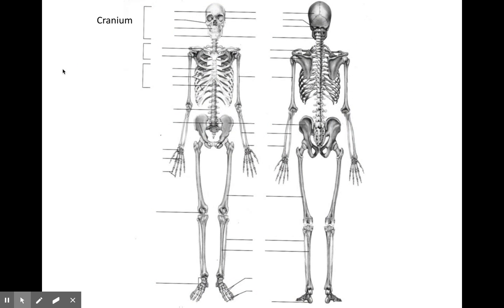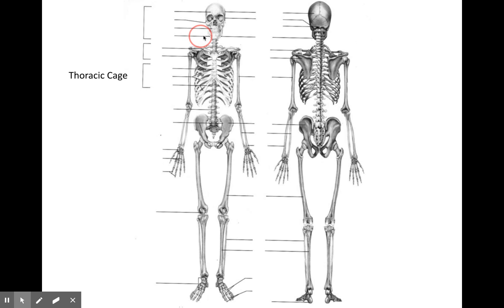These are going to be bones of the skeleton. The upper bracket is in relation to all the bones of the head. So this is considered the cranium. Then we have a shoulder girdle and a thoracic cage. Now what we have to realize is that in this diagram, there are certain lines.